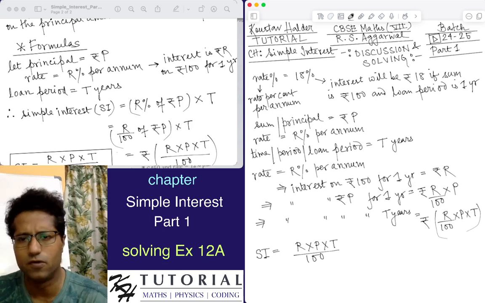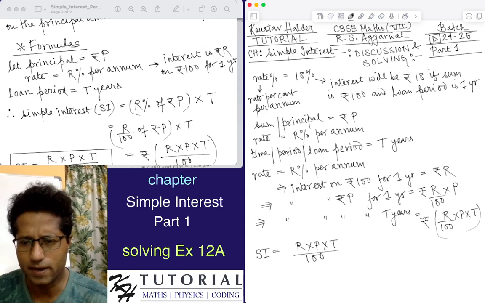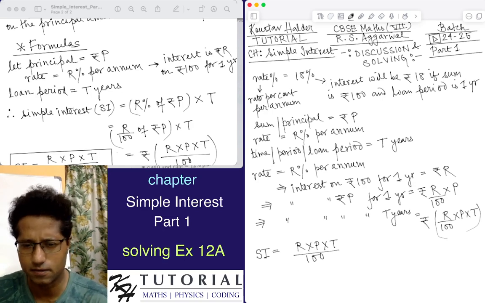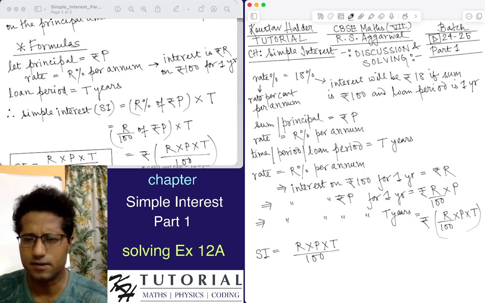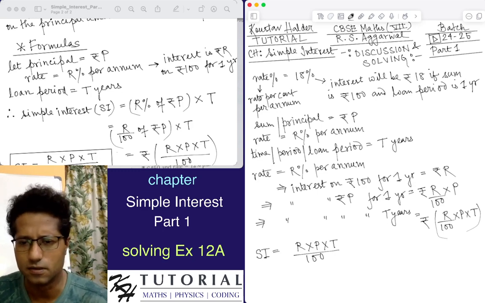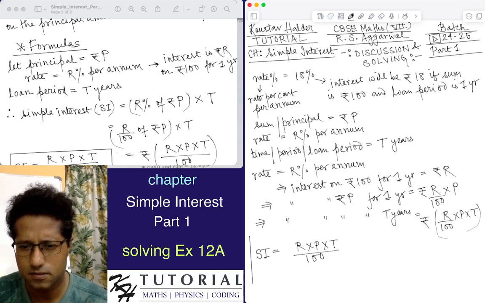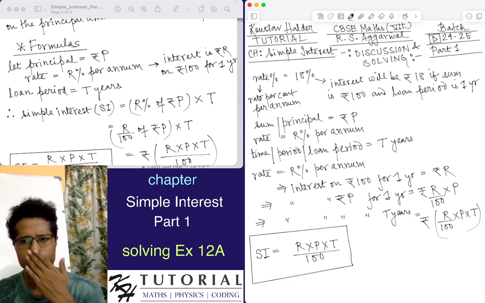This is the only formula that you need to remember. In the textbook, or in any other book you are following, you might see formulas of R in terms of SI, P, T and P in terms of SI, R, T. It is absolutely not necessary. You just need to understand this simple one formula. This is the main formula. You need to know, understand, and remember.